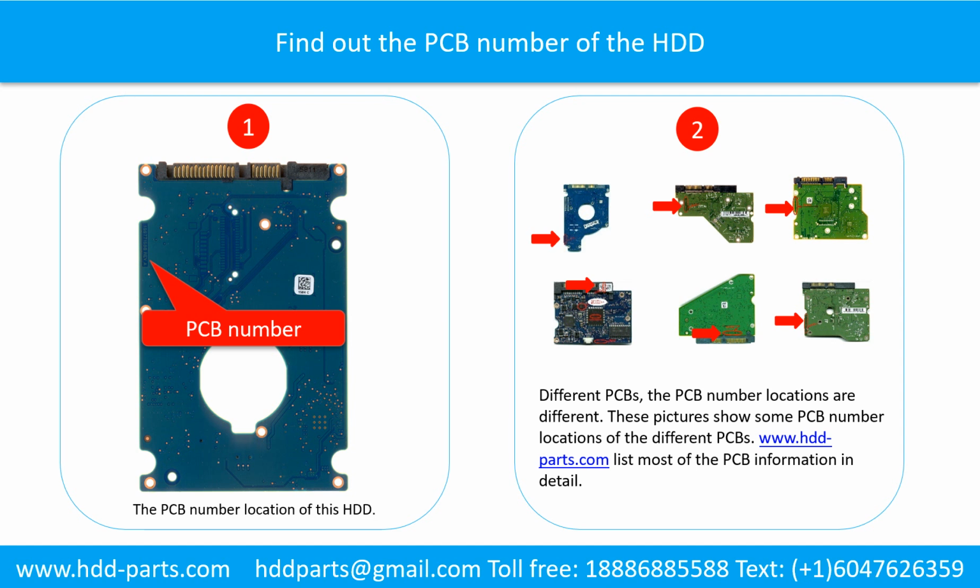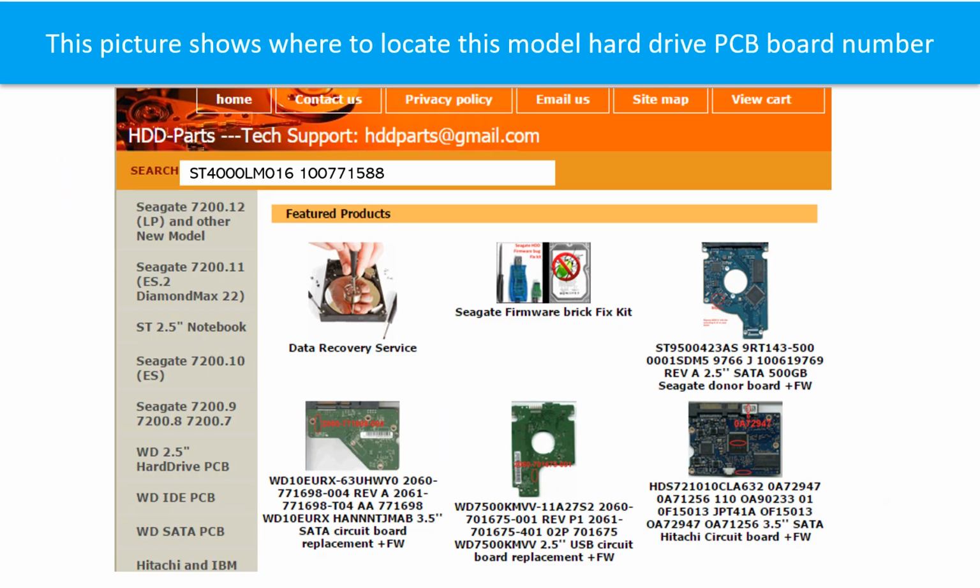If you want to find out your own PCB number, you may go to www.hddparts.com, which lists most of the PCB information in detail. We use hard drive model number, PCB board number, PCB board sticker number and CPU number as reference to search for the donor PCB board.